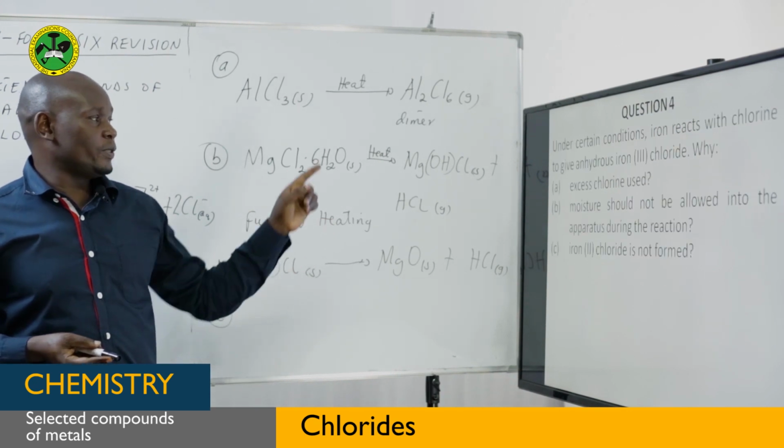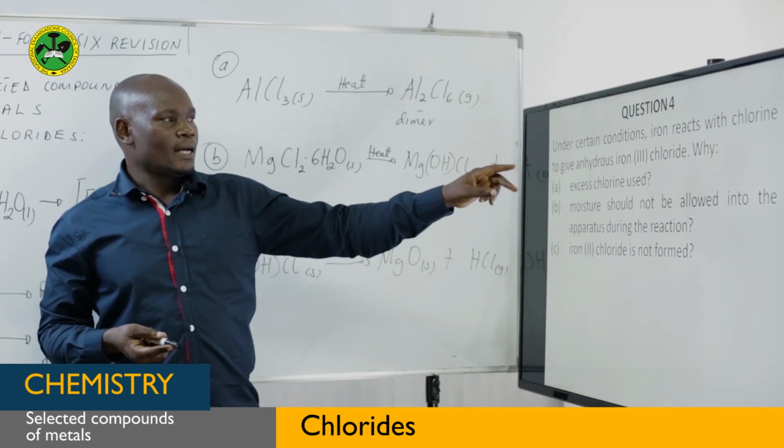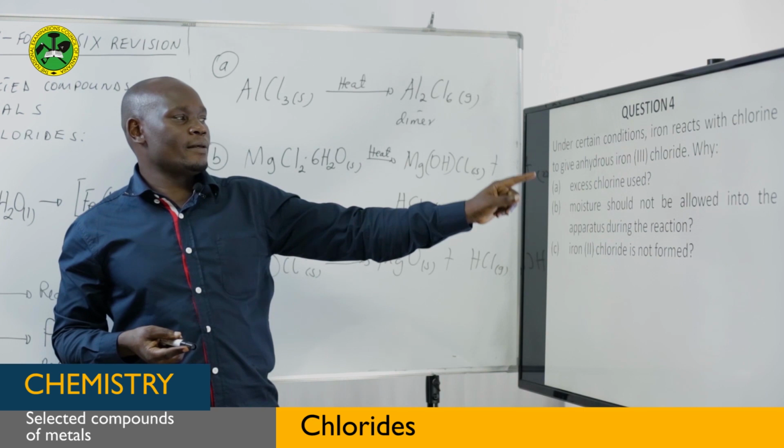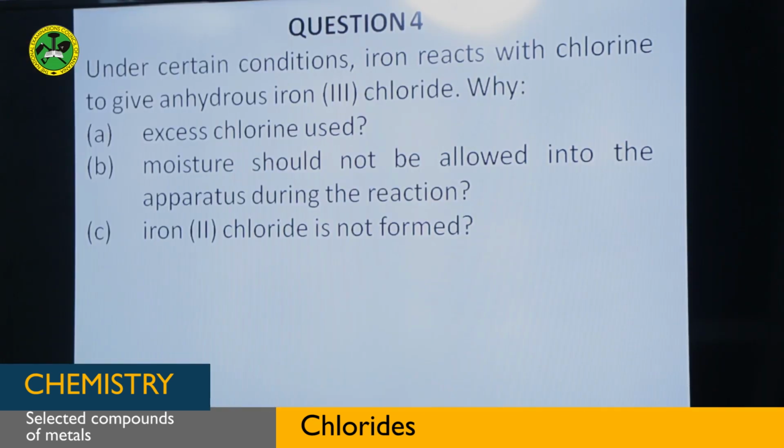which will be question number 2, is that under certain conditions, iron reacts with chlorine to give anhydrous iron 3 chloride. A: Why is excess chlorine used? You have to give an explanation.